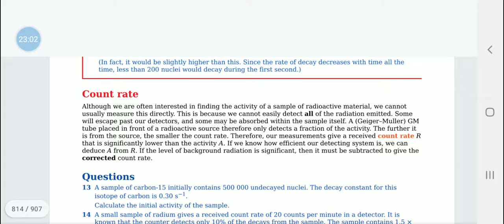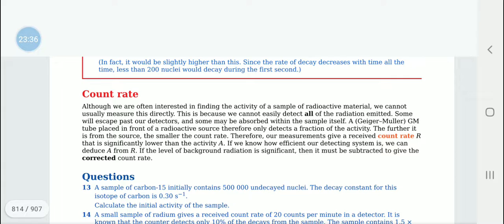Then count rate. Now we are most often interested in finding the activity of a radioactive material. We can't measure it directly because these are things that we cannot see, and also we cannot detect all the radiation emitted. Why? Because we can't place detectors at a 360 angle.